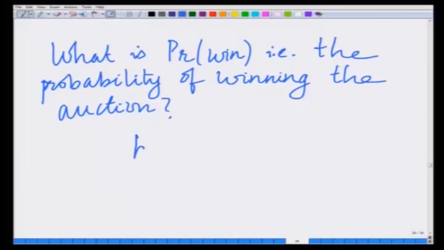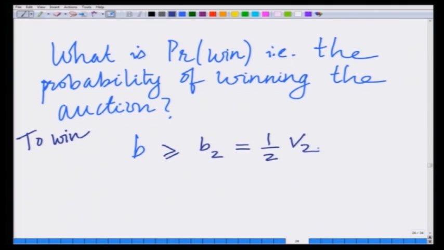So, for player 1 to win, we must have B greater than or equal to B2, which equals half of V2.